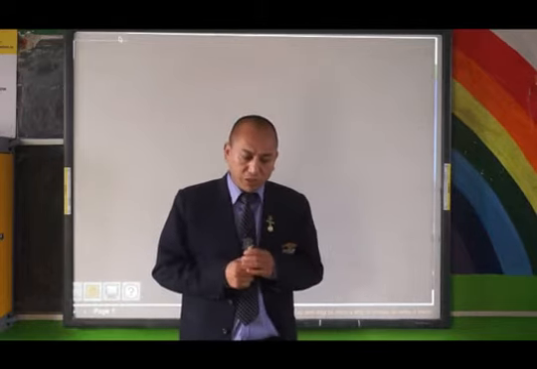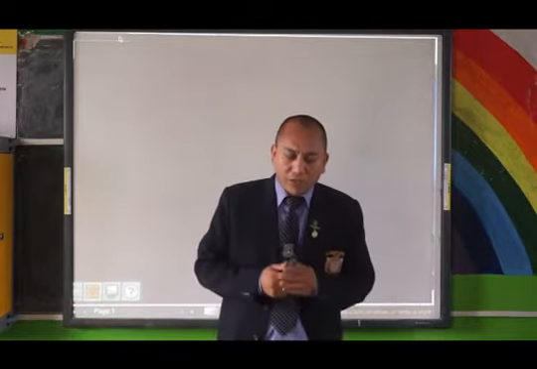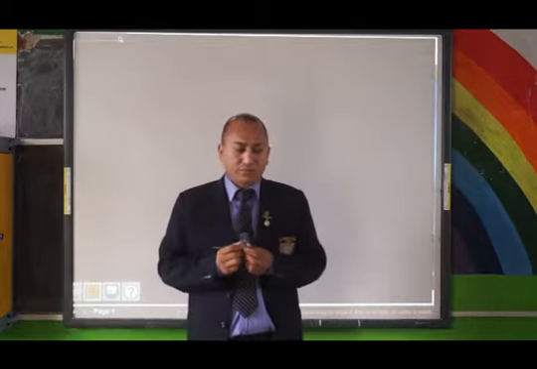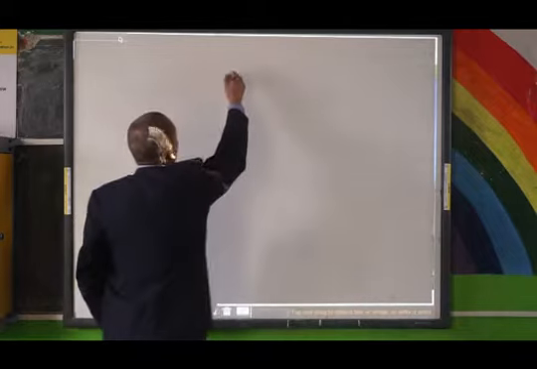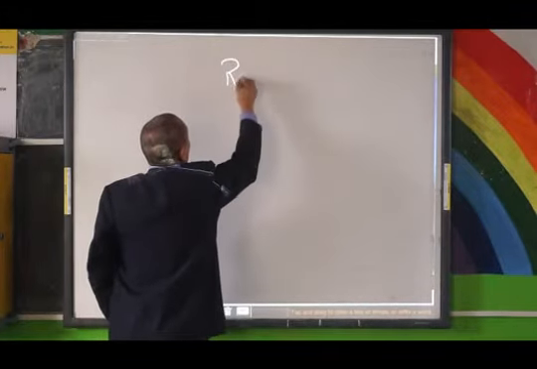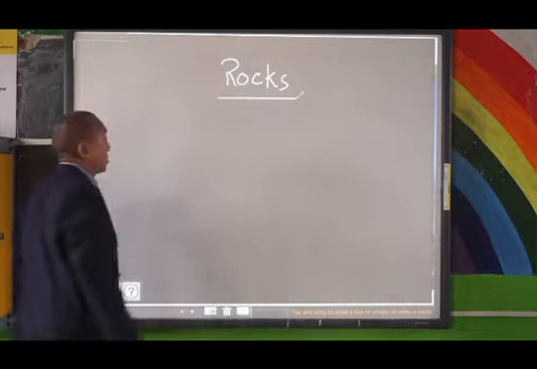Which is very important. So today, dear students, we will go with the next chapter, that is chapter 5, the materials of the earth's crust. That means we do this chapter, that is rocks.